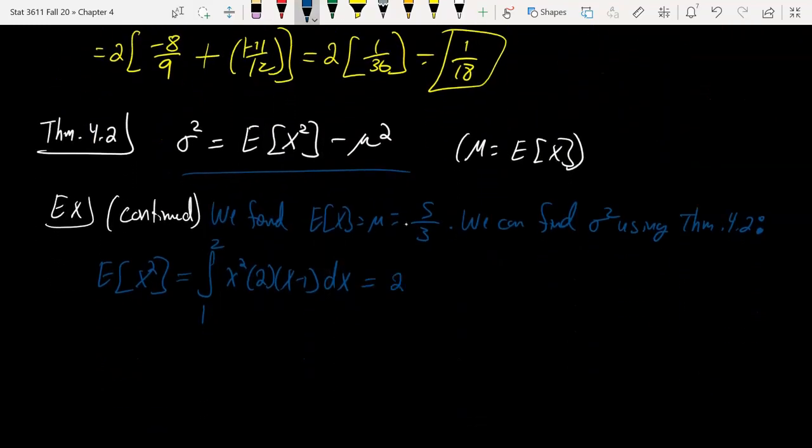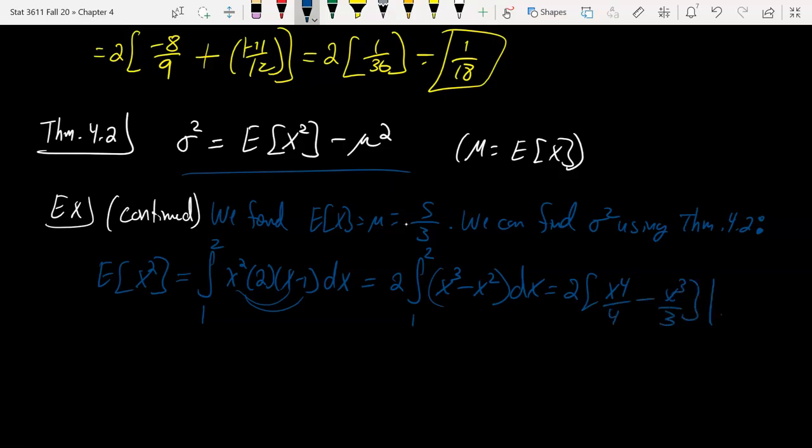We'll bring up the 2, integrate from 1 to 2. Then we have x squared times x minus 1, so that's just going to be x cubed minus x squared dx. Look how nice and simple this is. 2 times x to the 4th over 4 minus x cubed over 3, evaluated from 1 to 2. This is going to work out to be 17/6.